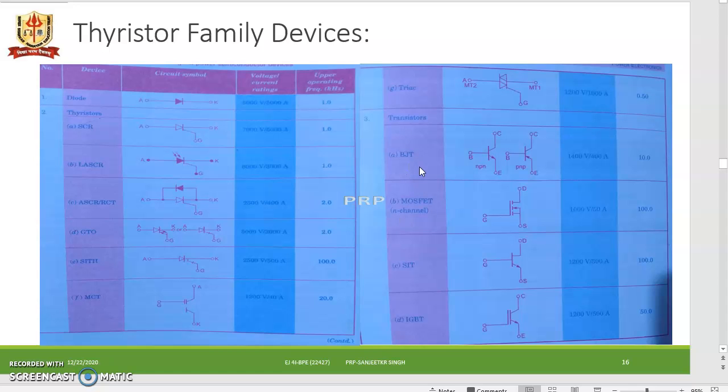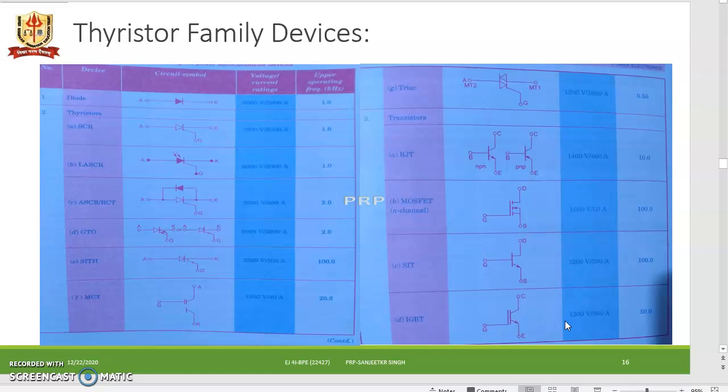The power transistor BJT can be rated as 1400 volt and 400 ampere of current, 10 kilohertz of operating frequency, whereas the power MOSFET can be operated at 100 kilohertz, and that's quite useful. The voltage rating is somewhat reduced; it is 1000 volt and 50 ampere of current.